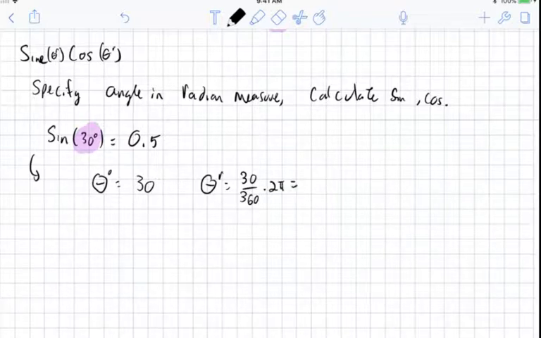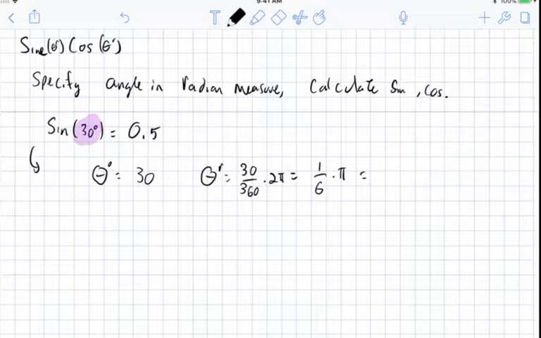So it's going to be 1 over 6 times pi, which is equal to pi divided by 6, 0.5235998.